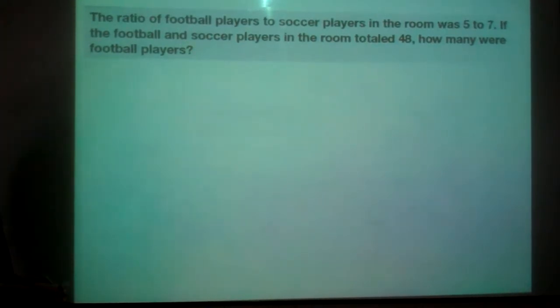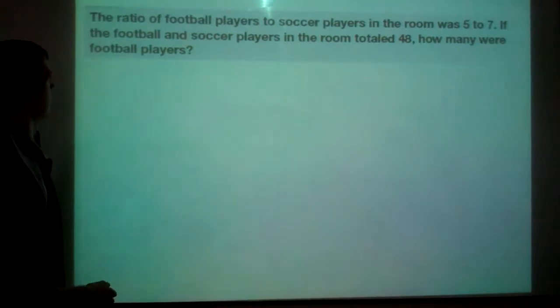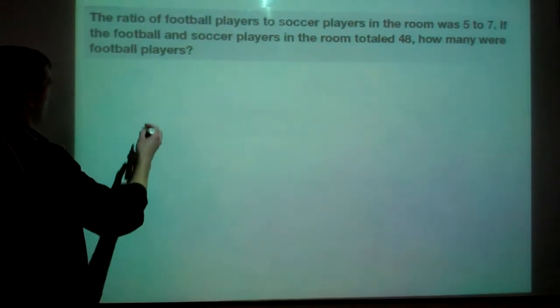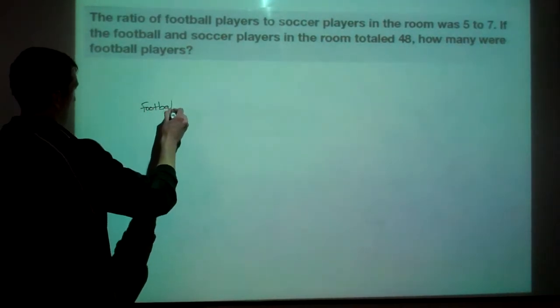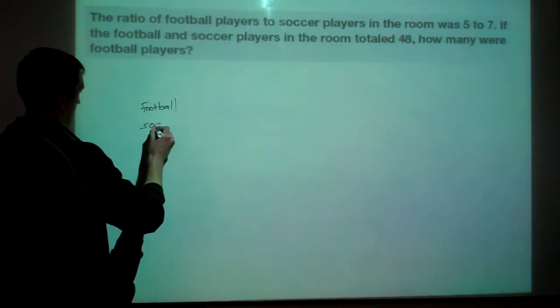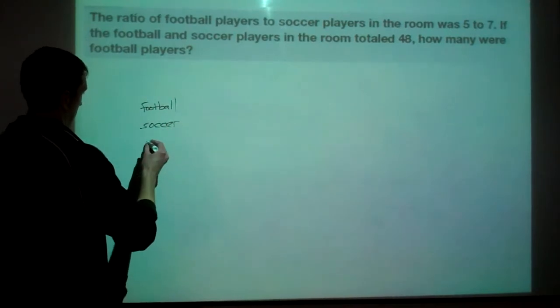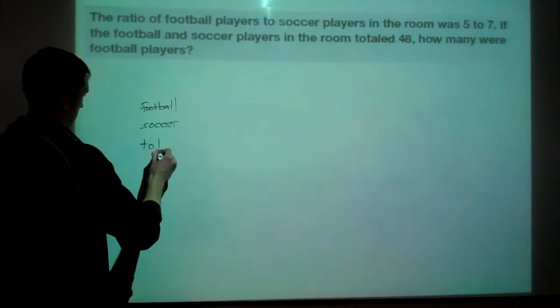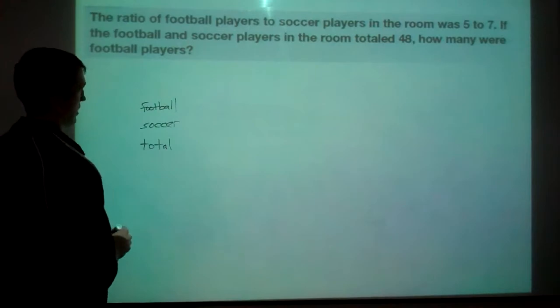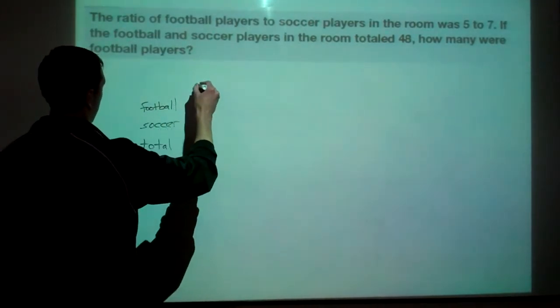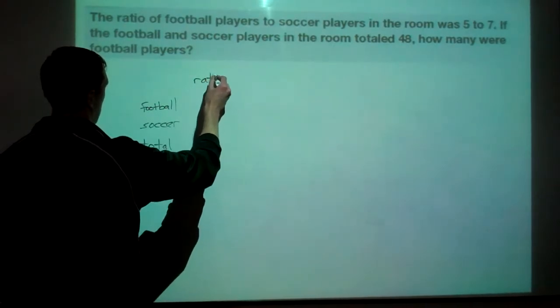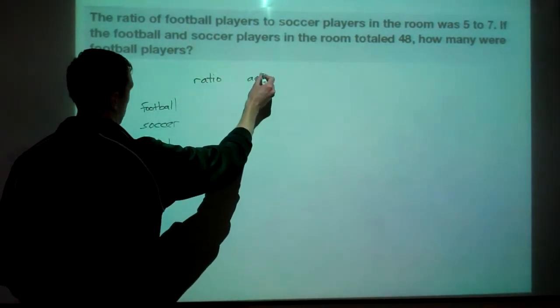So this will be similar to what we just did, except for now we've got football, soccer, and we will need a total at the bottom. That's what they give us as a total. And we also will always have our ratio and actual.